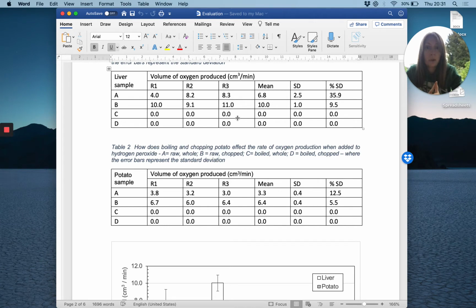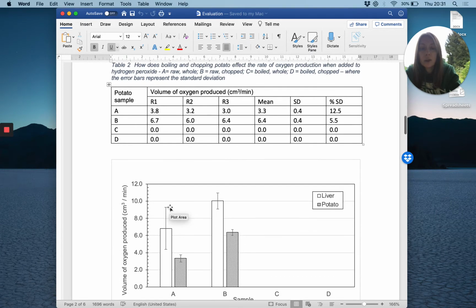You've got similar trends between repeats. Now the second thing we need to look at is the amount of variation. When we talk about variation, we talk about how much difference there is between the values of our repeats. For example, for the potato, A is 3.8, 3.2, 3.0 with a mean of 3.3. So they're pretty similar. Same thing for B and C and D. If we have a low amount of variation, we end up having something called standard deviation.